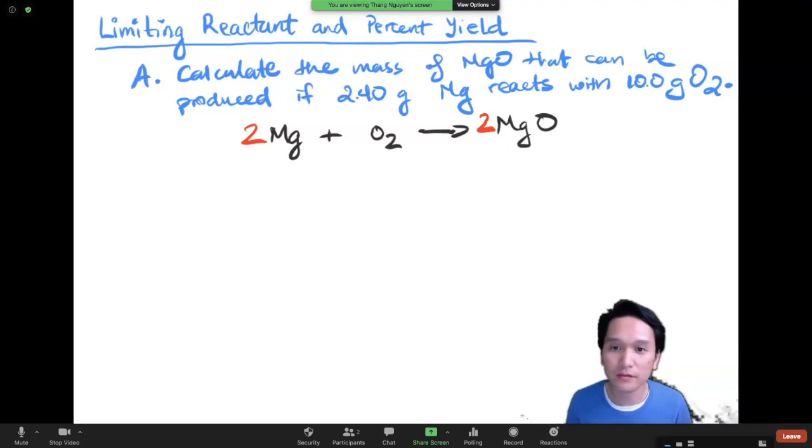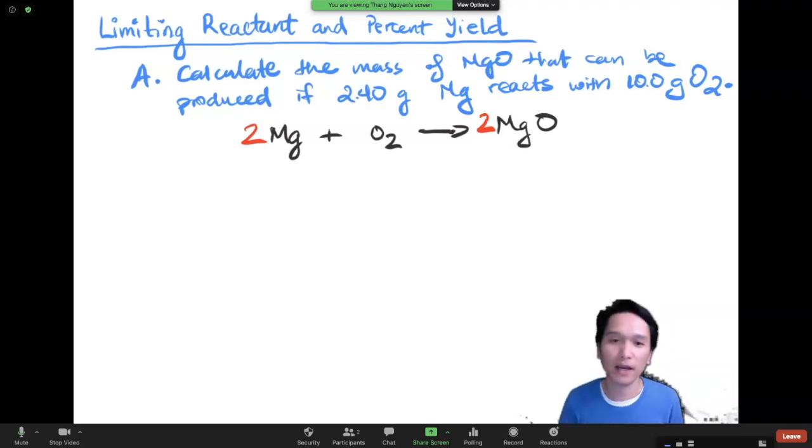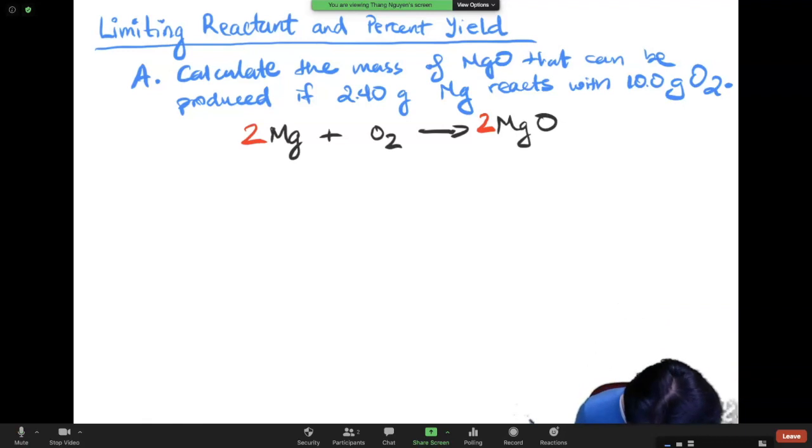All right, so let's go back to the problem. It's asking us to figure out how much mass is going to be created when these two things react with each other. So let's go through our systematic method of calculating the hypothetical masses of the products that we will get based on two scenarios. The first scenario is looking only at the mass of magnesium. The second scenario, looking at the mass of only the oxygen.